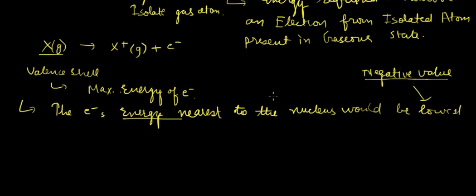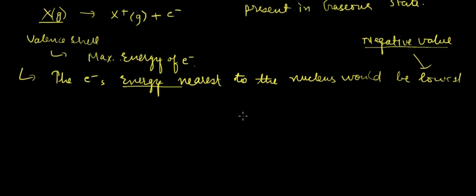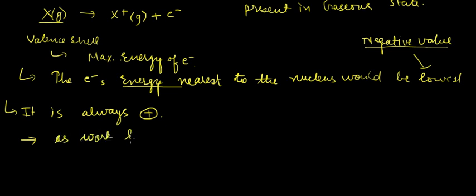Okay, so ionization energy is always positive, as work has to be done on the system to remove an electron.